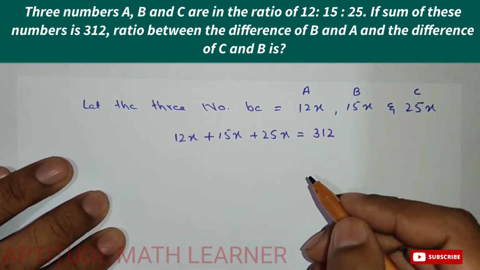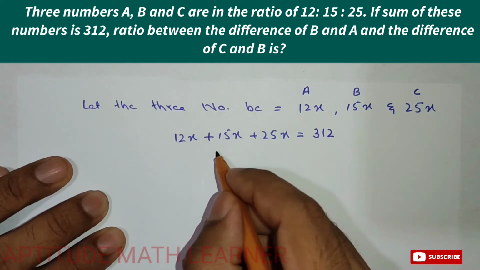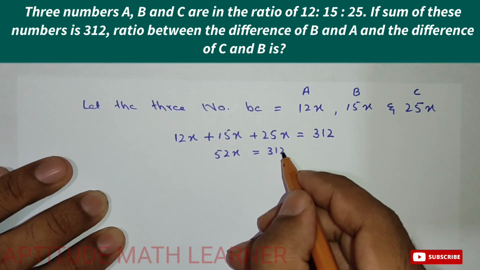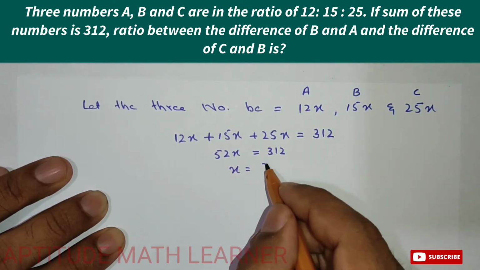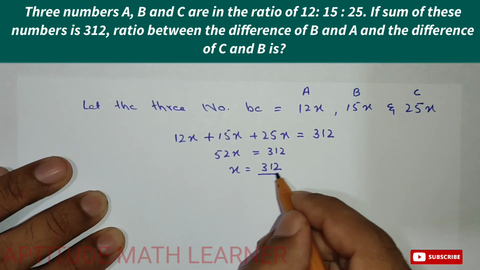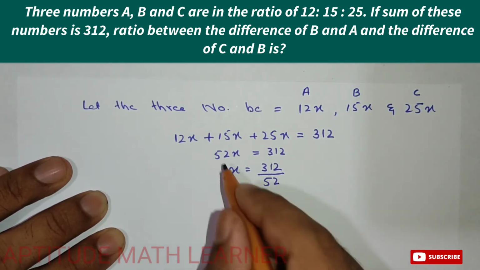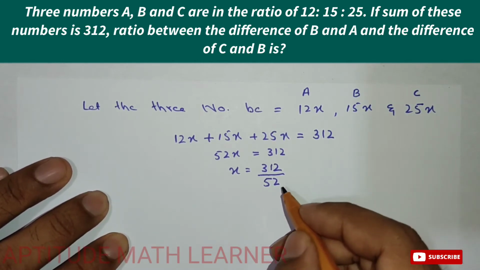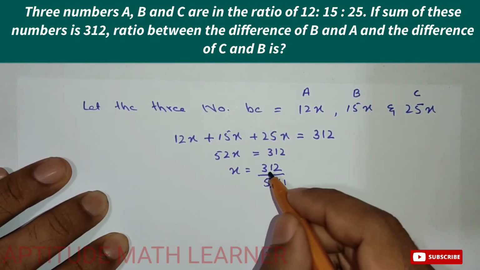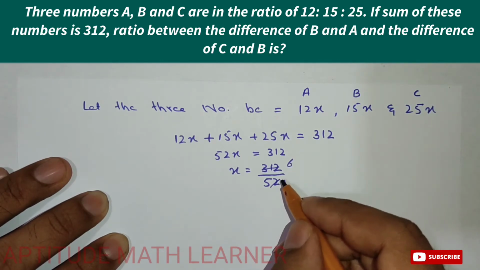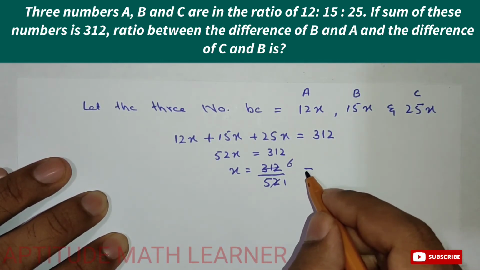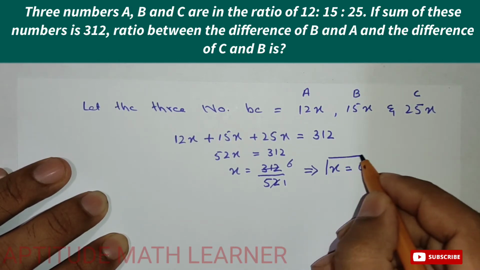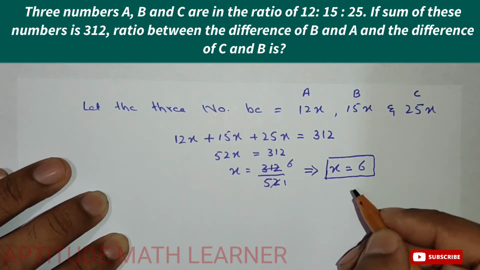After simplifying this, we get 52x is equal to 312 and x is equal to 312 divided by 52. 52 ones are 52 and 52 sixes are 312. So now we have got the value for x, that is 6.